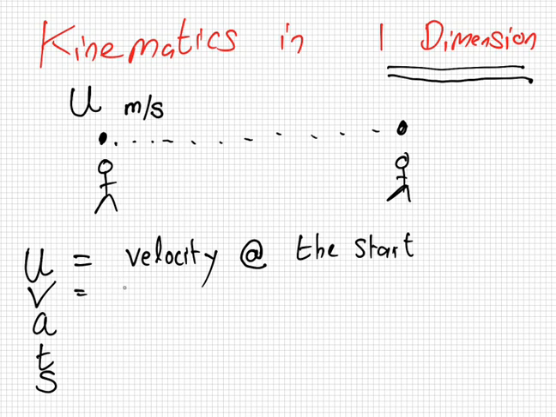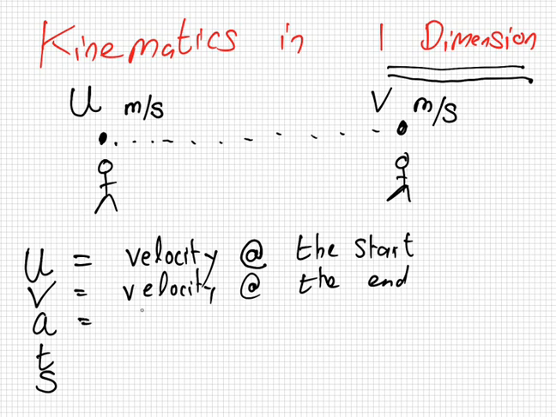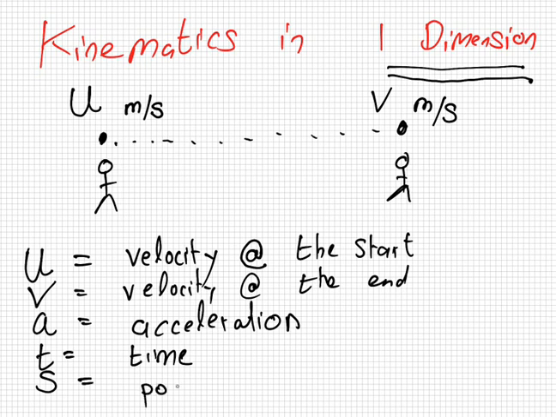And then V is the velocity at the end. So we say he finishes at V meters per second, maybe faster, maybe slower. A is acceleration. I haven't said what acceleration is yet, I will say it now. T, of course, is the time, we all know that. And S is the position, or displacement.